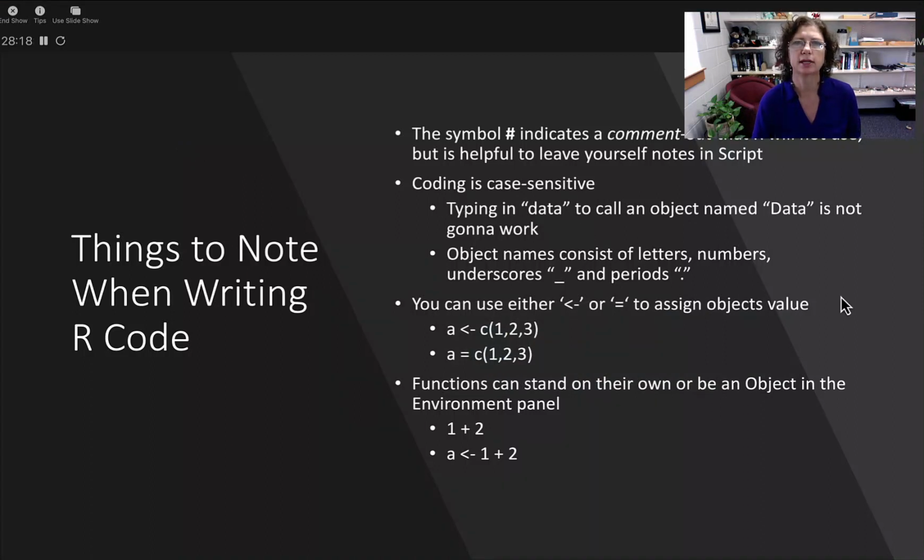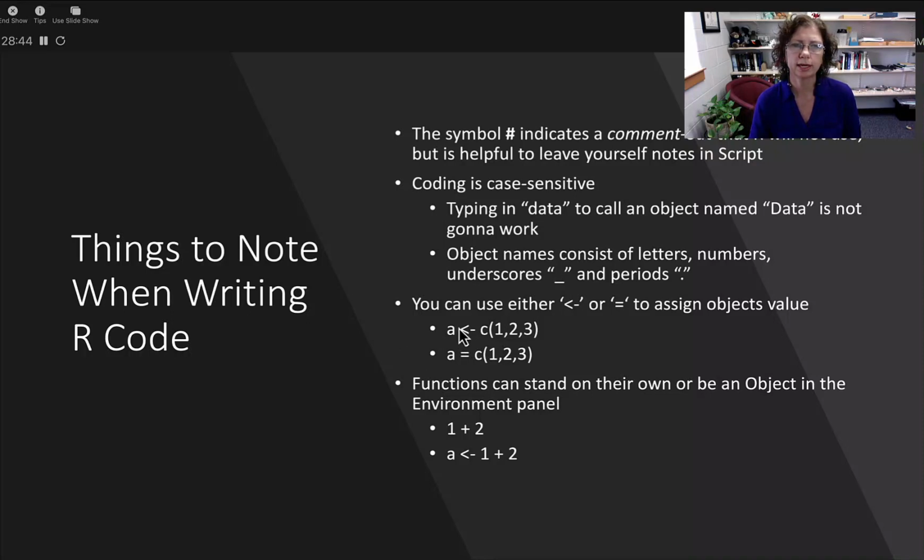Coding is case sensitive. So if I name an object with DATA and then I look for a capital DATA, it's not going to work. It is case sensitive, that one thing is not the other. Also, object names can consist of letters, numbers, underscores, and periods.